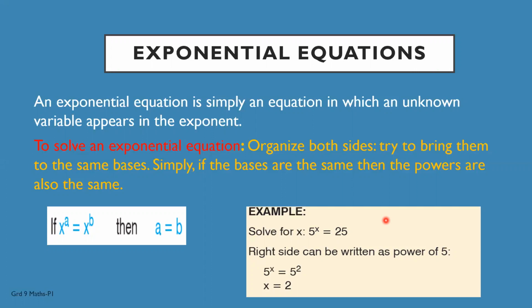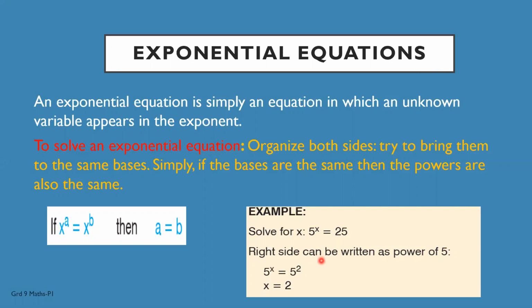So what I'm going to do is this. I need to see what 25 is when I write it as an exponent. So 25 is 5 times 5, which is 5 to the power of 2.